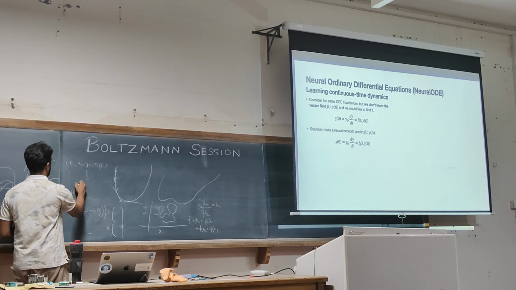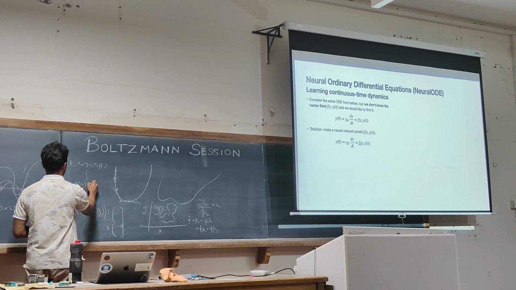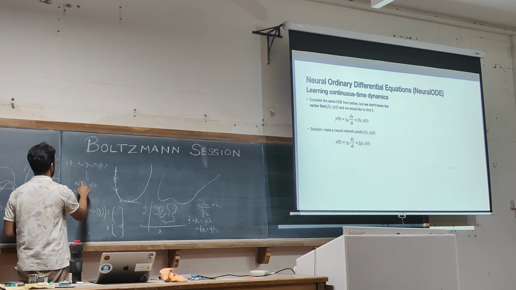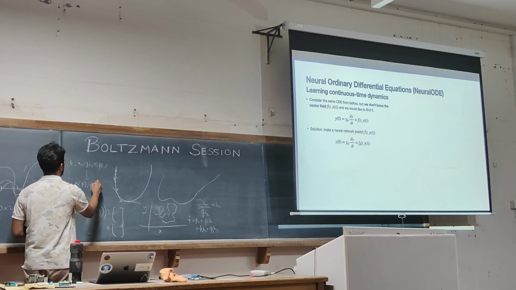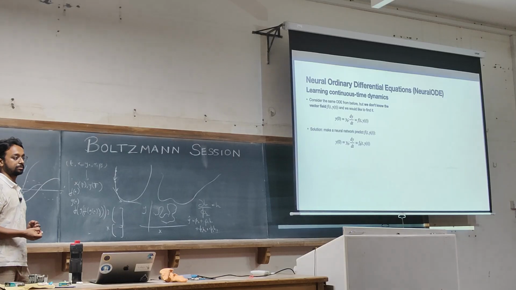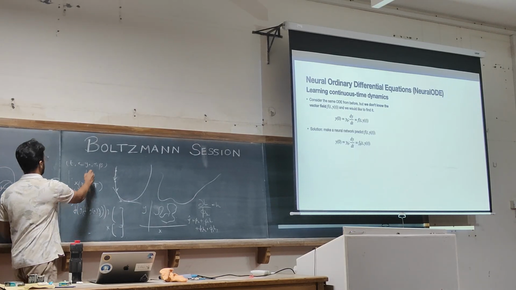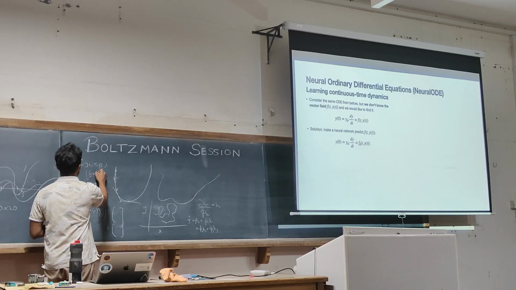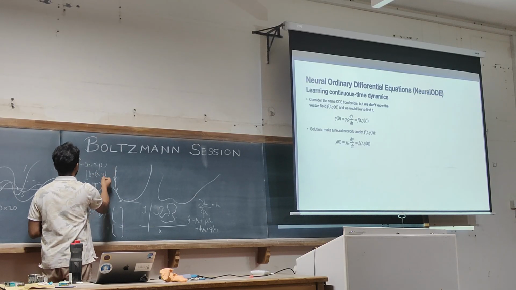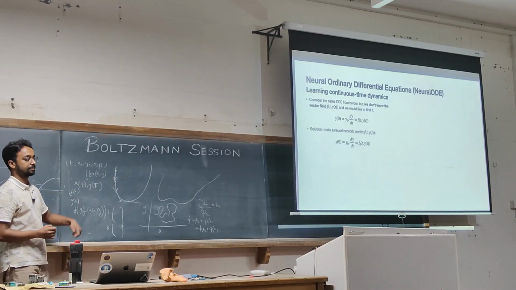In the end, you get x of t, y of t at some capital T. The computation of the vector field, f theta of x, y and so on, is happening somewhere in between, and based on that it computes these.